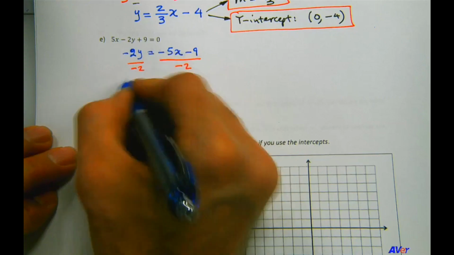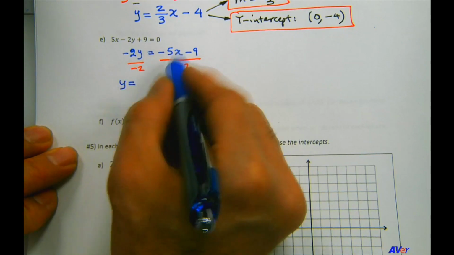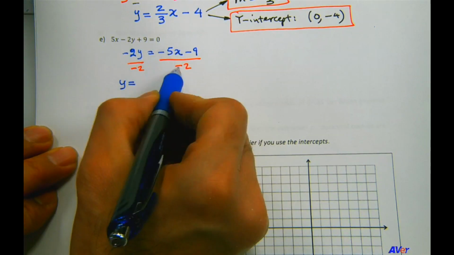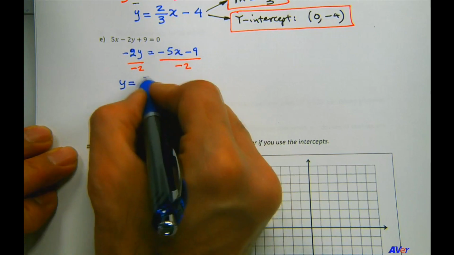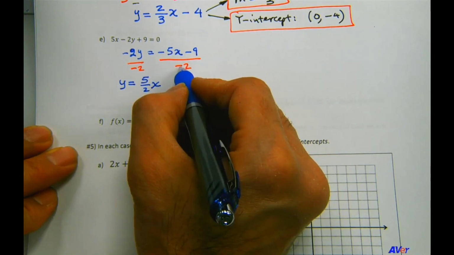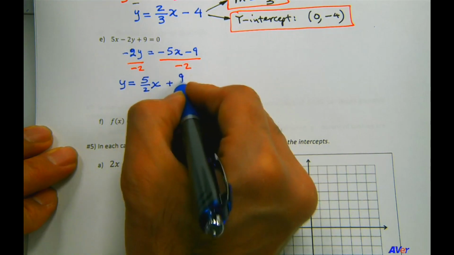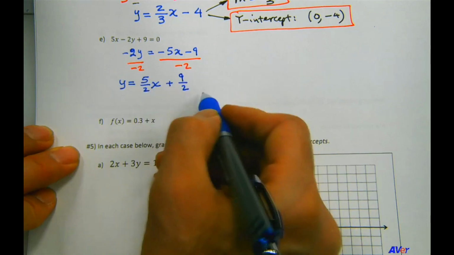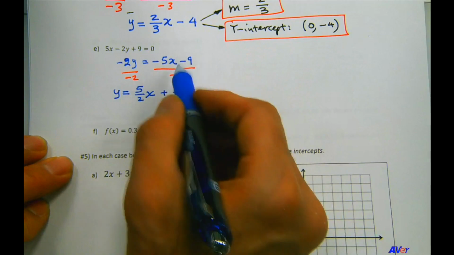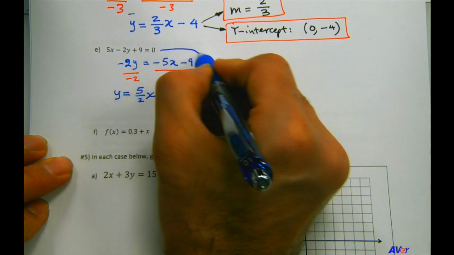On the left, things are easy. Y, -2 and -2 cancel out, right? On the right, -5 divided by -2 is positive 5/2 times x. Then -9 over -2 is positive 9/2, plus 9/2. So now we have our equation written in y equals mx plus b form. I forgot to write that here.